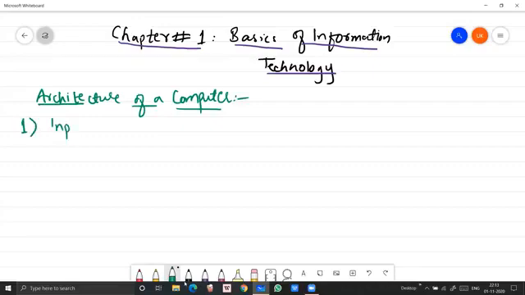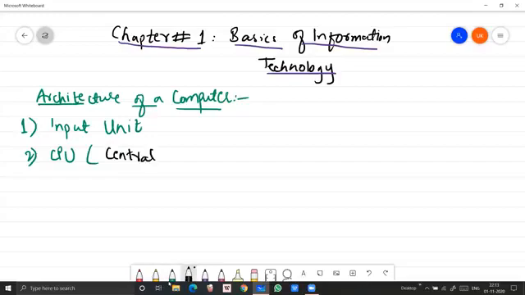In that we have finished the input unit. The second one is your CPU, that is the central processing unit. So this we are about to start now.